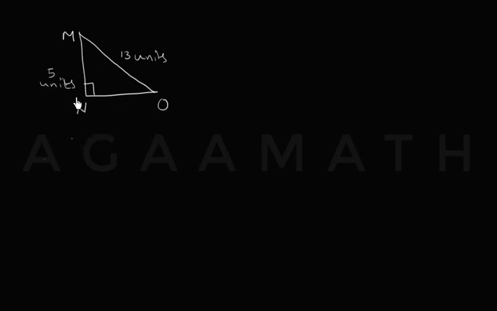We have already learned that according to the Pythagoras theorem, the sum of the squares of two sides, that is MN square plus NO square, is equal to MO square, right? So MN is 5 units, that means 5 square, plus NO we don't know, so let it be NO square, is equal to MO, which is 13 units, so that is 13 square.